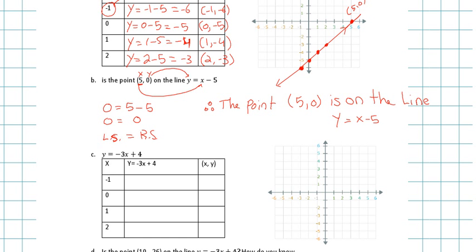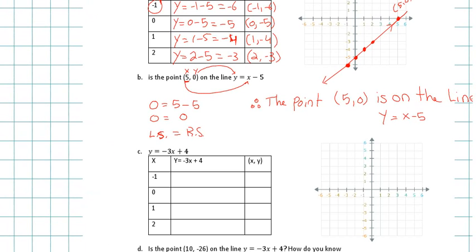Okay? I'm going to give you another point. Would the point (2, 3) be on the line, for example? So again, I do the same thing. X, Y. I plug in 2 for x, and I plug in 3 for y.